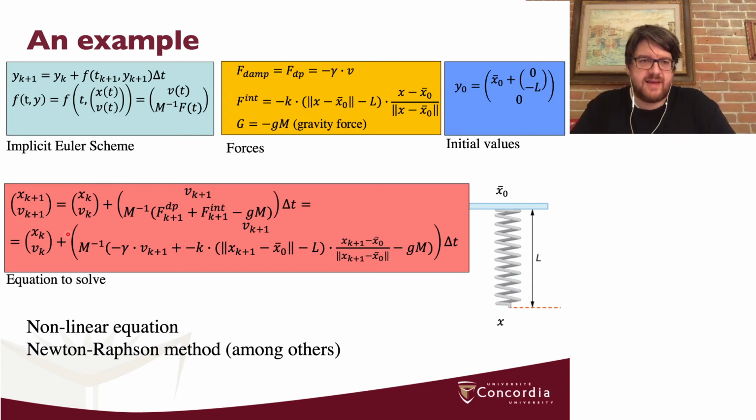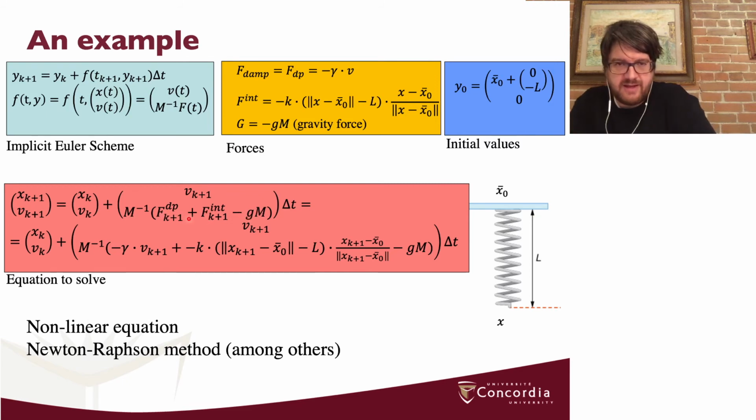So xk plus 1, vk plus 1 equal xk, vk plus, and now this is the middle part, the f of tk plus 1, yk plus 1. So the top part is vk plus 1, right? This is the velocity at the next time step, so this is unknown. And the bottom part is m inverse times the sum of all forces on the point x at time k plus 1.